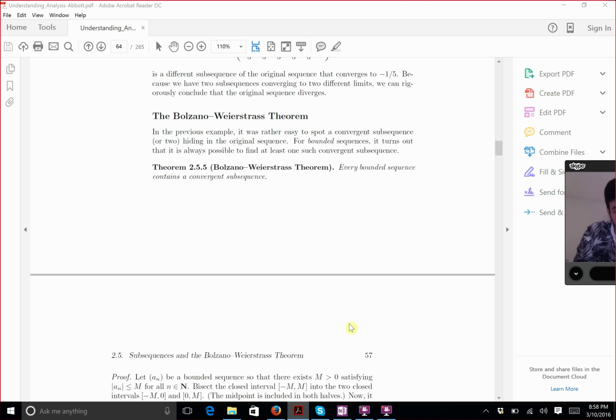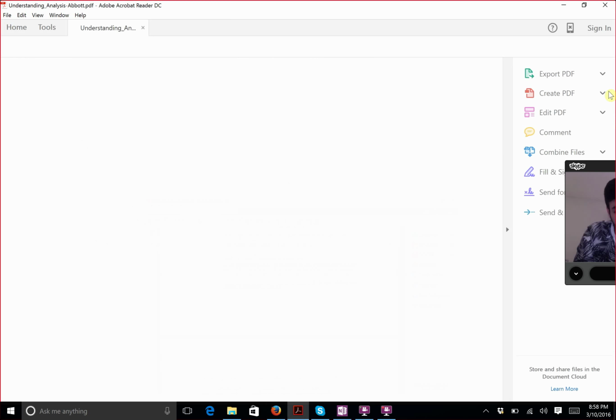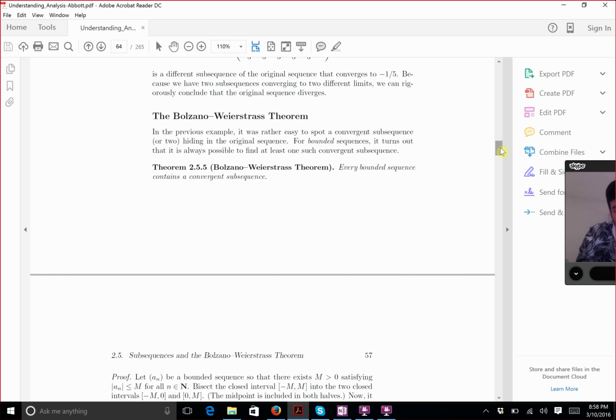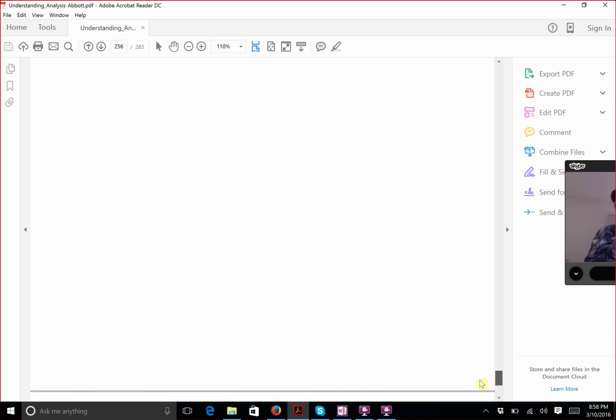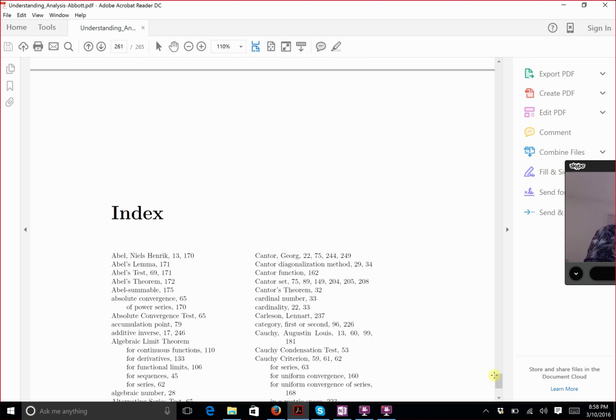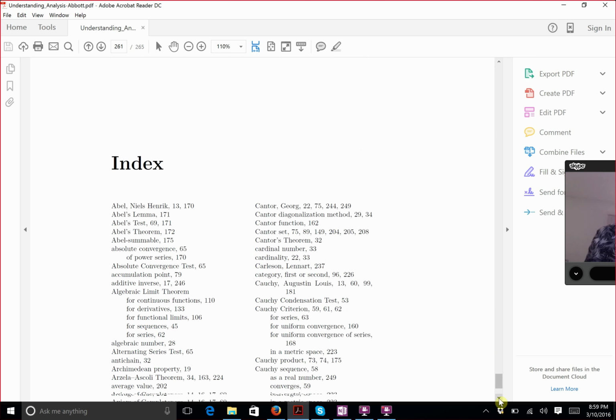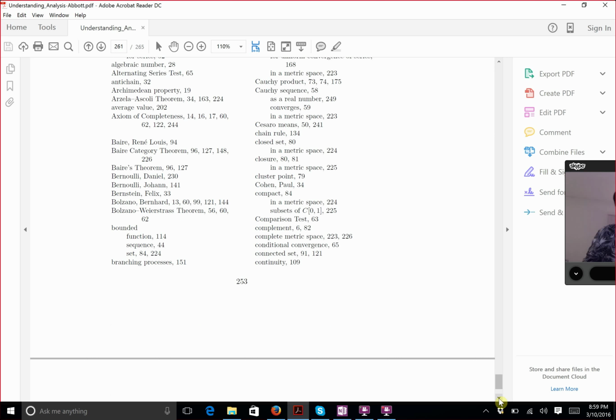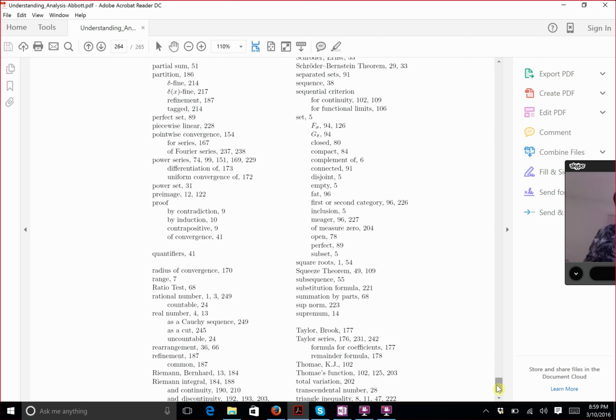Let me look in the book real quick at the very end. It's in here, but I'm not finding it. Here we go. Squeeze theorem, 49.